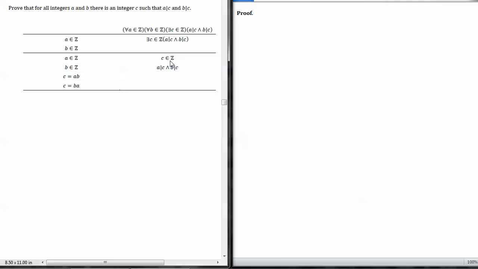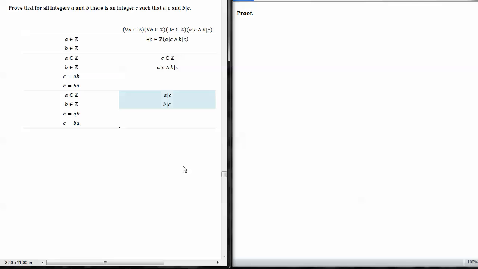Now, we can take care of the first one of these goals real quick by just noting that if a and b are both integers and c is just the product of the two, then c is an integer as well, because integers are closed under multiplication. Okay. So that takes care of that one, and we are left with the other goal, which is a conjunction, and so we can split it into two different goals.